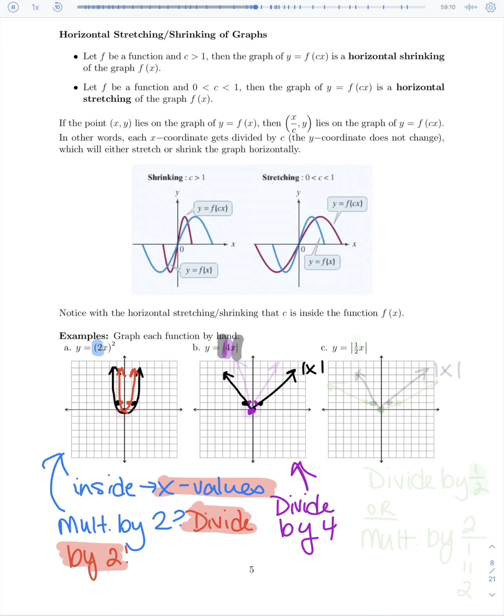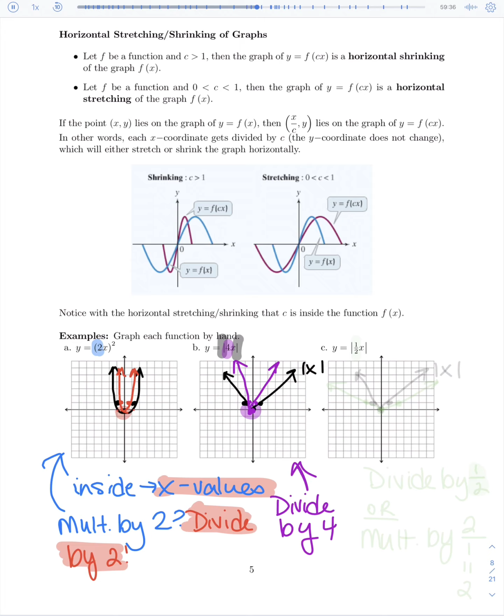When you've got 0 multiplied or divided by anything, it won't change. So notice, with the vertical stretching and the horizontal stretching, no matter what graph it was, this center point is not changing because it starts as a 0. Whether or not you multiply or divide it by anything, 0 never changes.